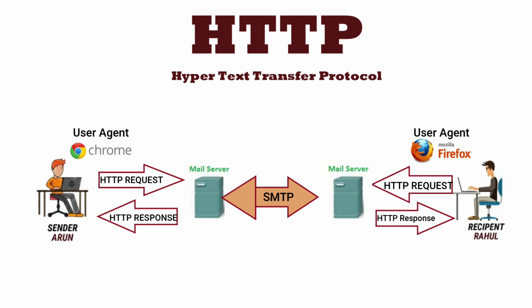When a sender such as Arun wants to send an email message, the message is sent from his browser to his mail server over HTTP rather than over SMTP. Arun's mail server, however, still sends and receives messages to and from other mail servers using SMTP.